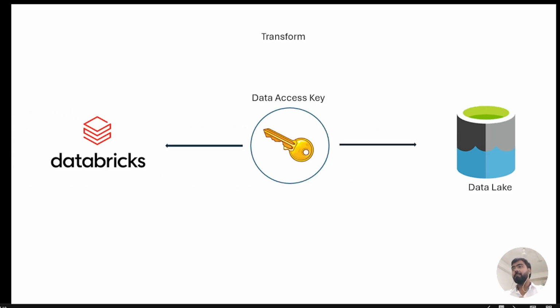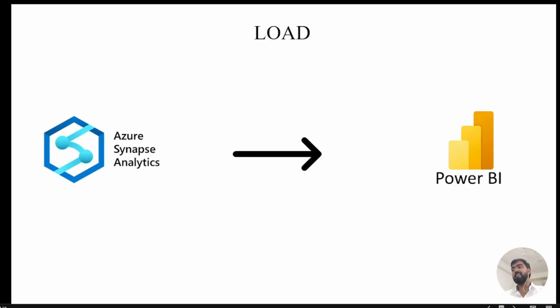In the second part, we used Databricks to transform our data and store it in our silver layer, and we also saw how we can make the connections between our data lake and Databricks. Now, in the final part, we'll check how we can use Azure Synapse Analytics, and see the data in Power BI without physically storing the data in our system. So yes, this is how everything is going to start.